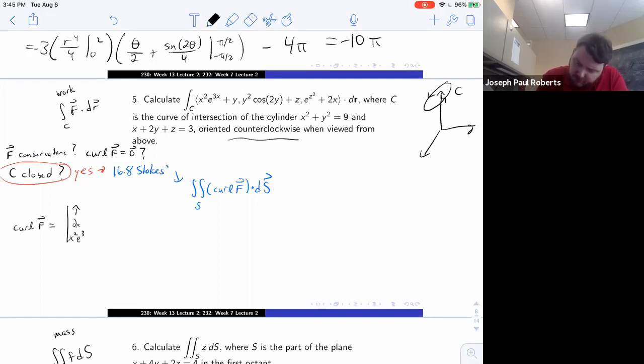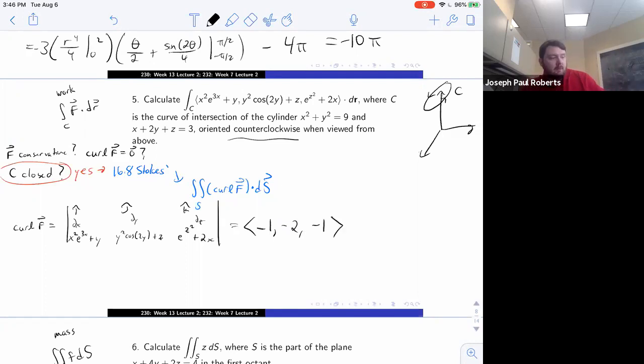X squared e to the 3x plus y, y squared cosine 2y plus z, e to the z squared plus 2x, y partial, z partial, j, k. So anyway, it looks like I get 0 minus 1, so negative 1. 0 minus 2 there, and then 0 minus 1 there.